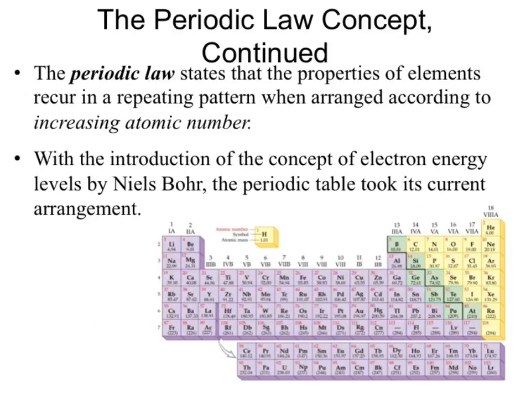Okay, so that's the next sentence here, looking at Niels Bohr. Niels Bohr was able to really finally put the nail in the coffin and get us set up with the periodic table that we have today, because he was able to predict what's changing as we move through the periodic table and what's accounting for those physical properties. Turns out it's not the nucleus, it's the electrons.